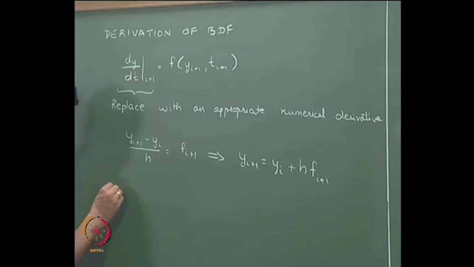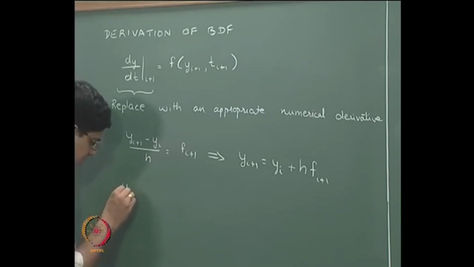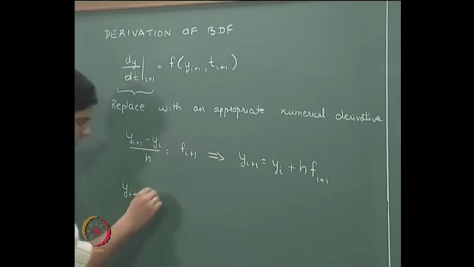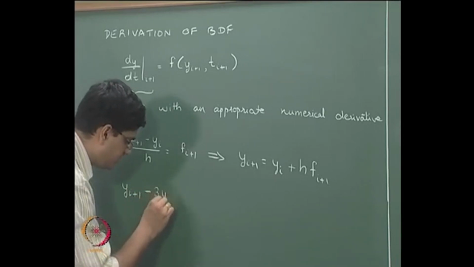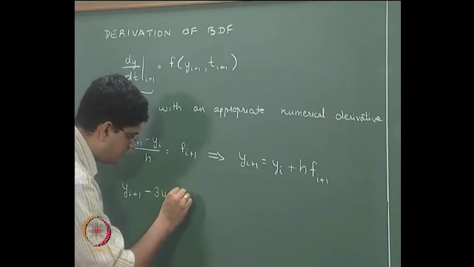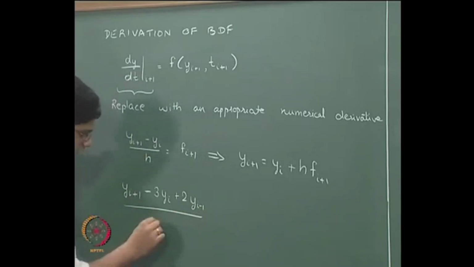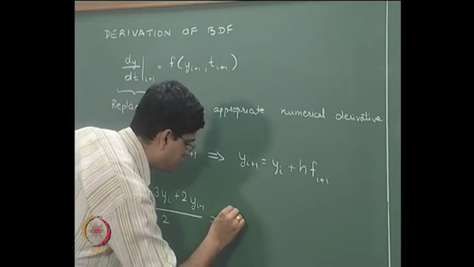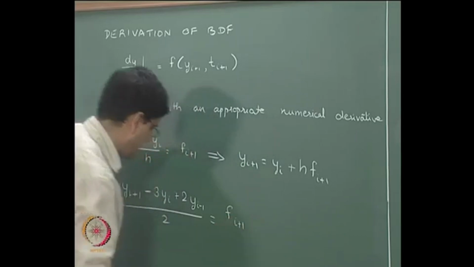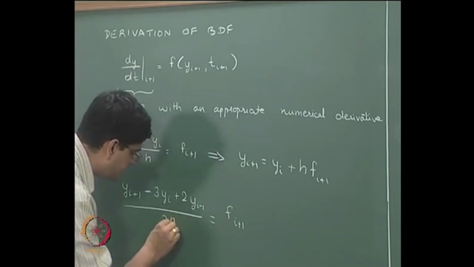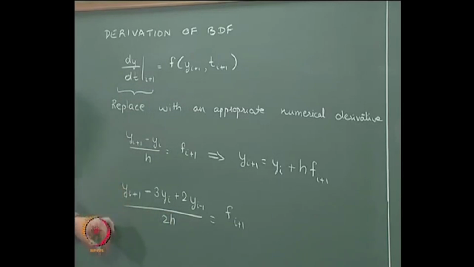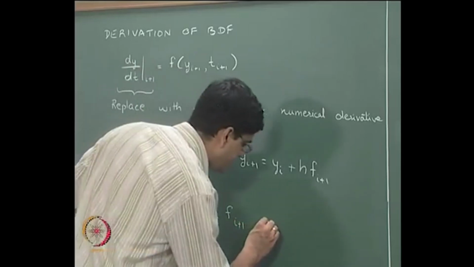What that means is it is going to be equal to (y_{i+1} minus 4y_i plus y_{i-1}) divided by 2h equal to f_{i+1}, and we just rearrange this appropriately in order to get our result for y_{i+1}, and this will give us the second order BDF.